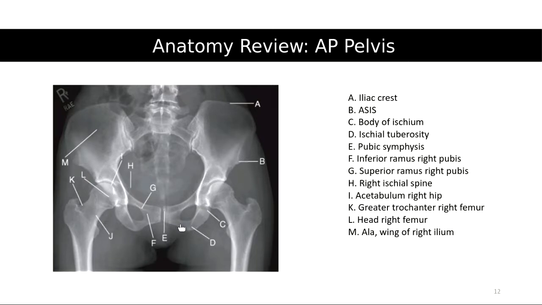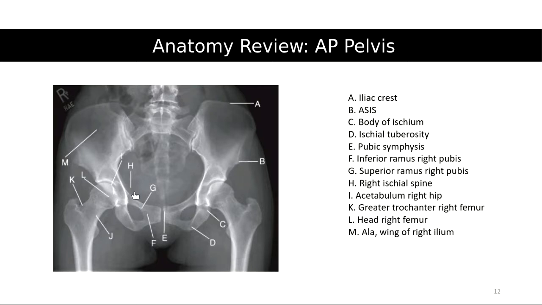You've got the pubic symphysis right here where the two pubic bones join together, so that space is the pubic symphysis. You've got the inferior ramus of the right pubic bone, that's F. The superior ramus of the right pubic bone is G.